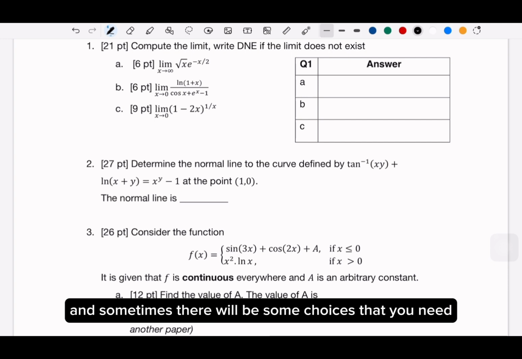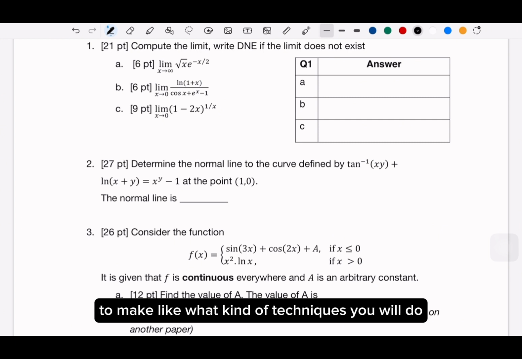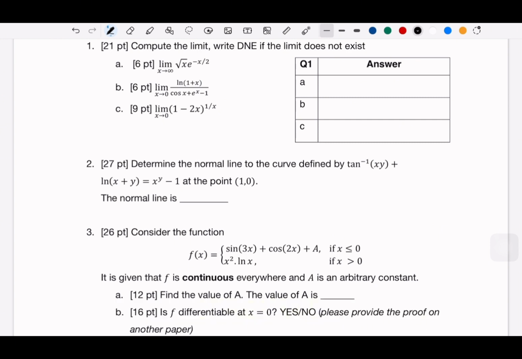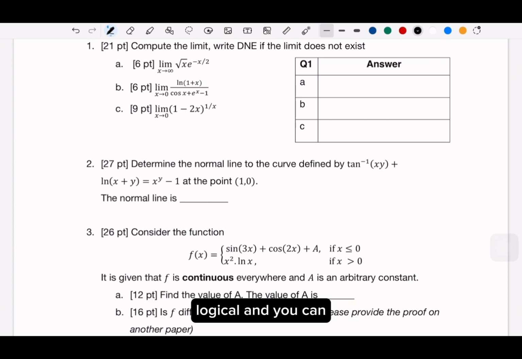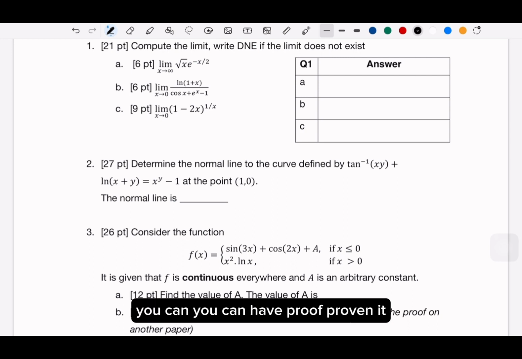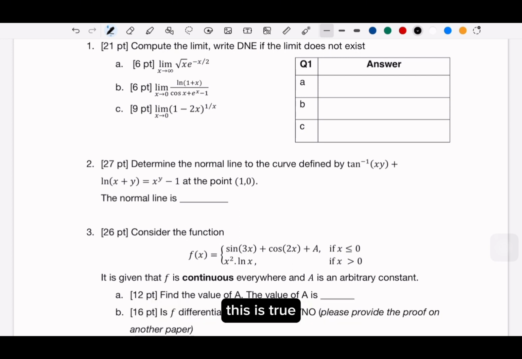And sometimes there will be choices you need to make, like what kind of technique you would like to use, and it's up to you which method, as long as it is consistent, logical, and you can prove it.